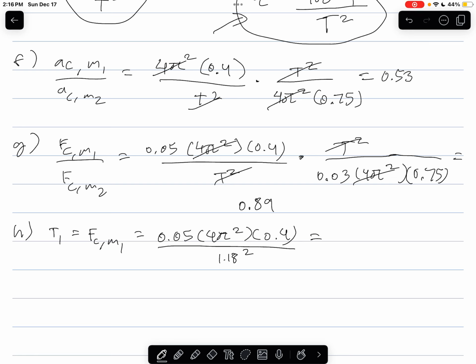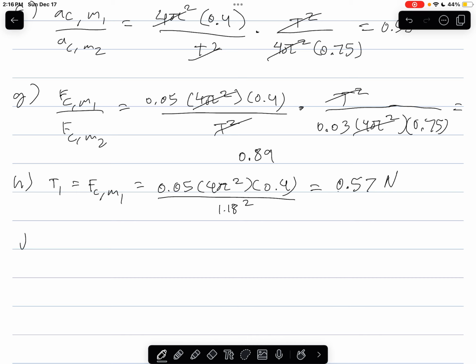So the centripetal force is going to be about 0.57 newtons.